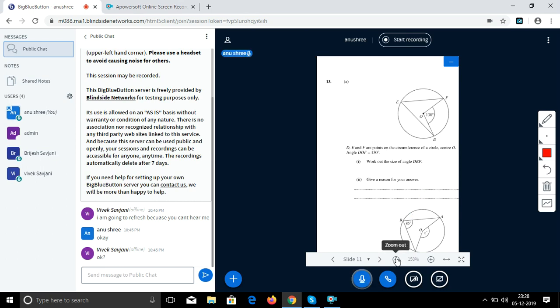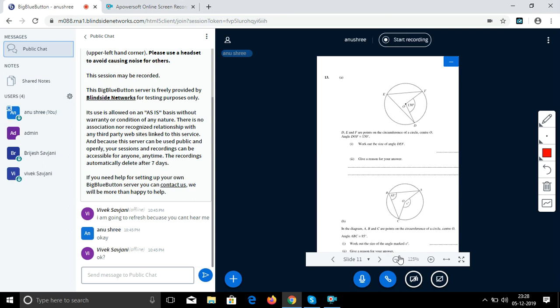Now see this one. Work out the size of DEF. Size of DEF is 65. Yes, that's correct.